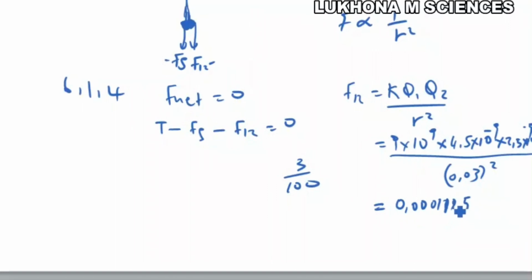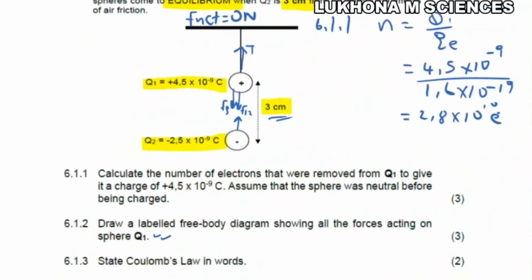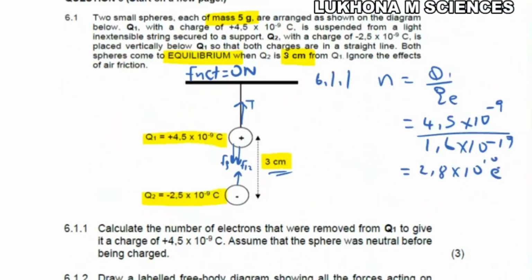newtons. Then we calculate Fg. This is F between 1 and 2, then Fg is equal to mg. The mass is 5 grams. So we must change it to kilograms.